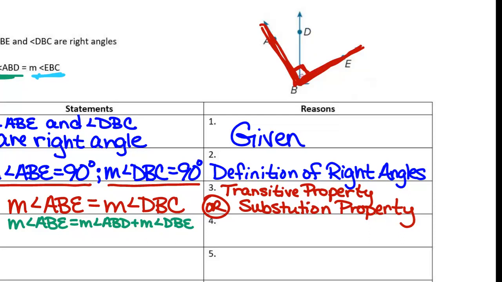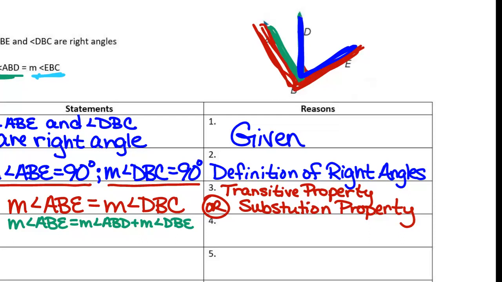Do you guys see that? If I take this one here, ABD, and I add that to this angle right here, DBE, then I get this angle right here, ABE.